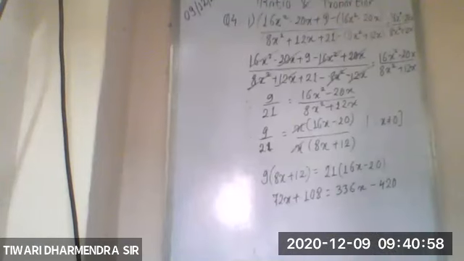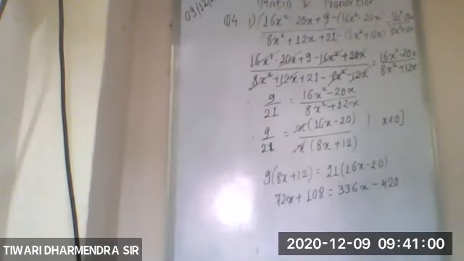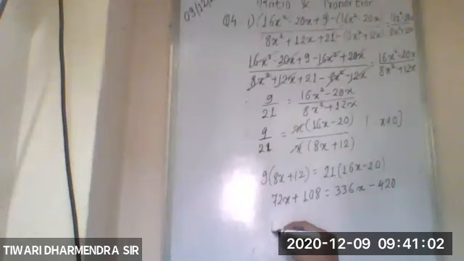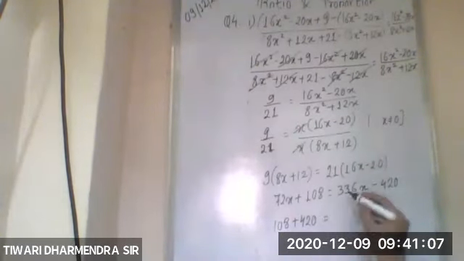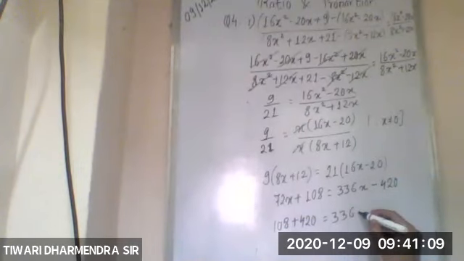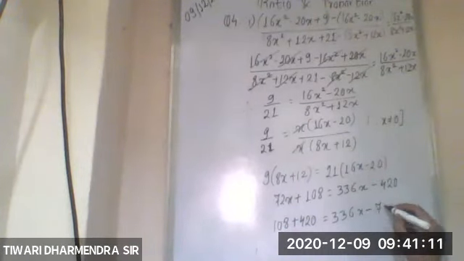Taking terms of x together and constant terms together, we get 108 plus 420 is equal to 336x minus 72x.